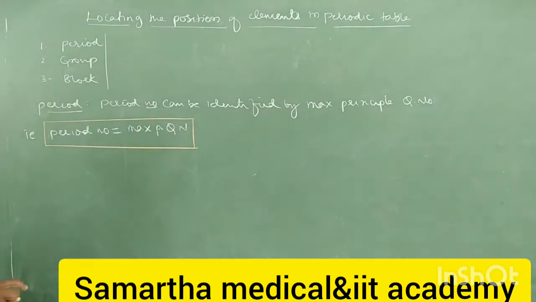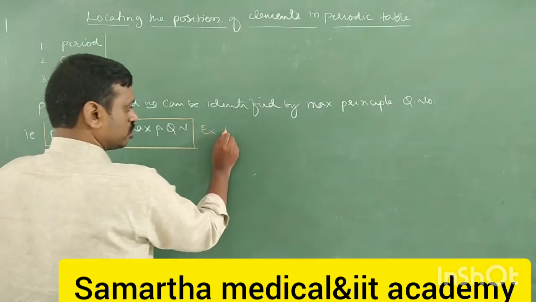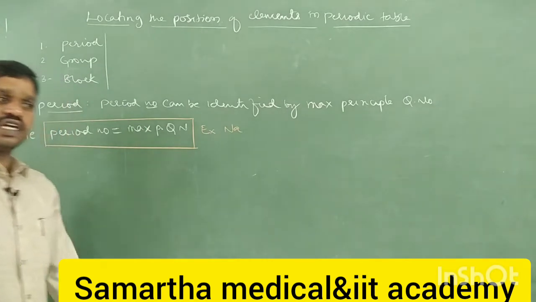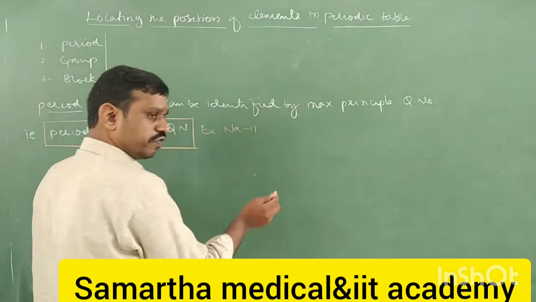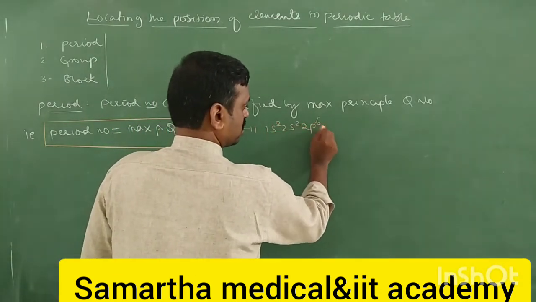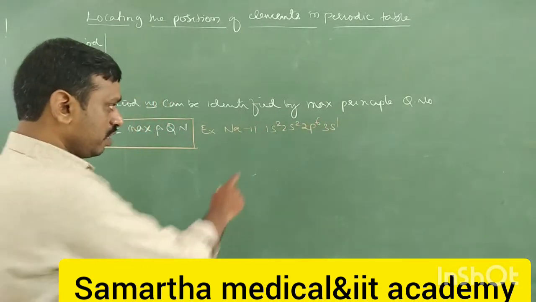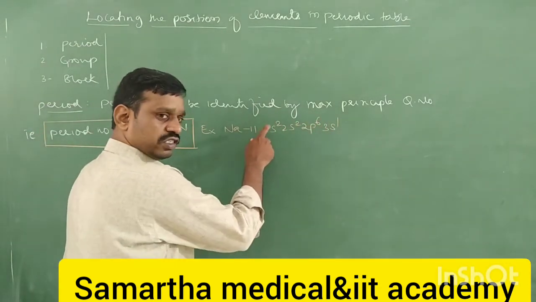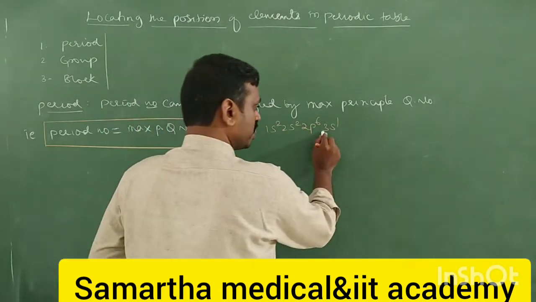Now let us take one example, sodium. What is the atomic number of sodium? It is 11. Can you write the electronic configuration? It is 1s2, 2s2, 2p6, 3s1. So, 11 electrons. Here 1 is a principal quantum number, which is the minimum, 2 is also a principal quantum number, 3 is also a principal quantum number.